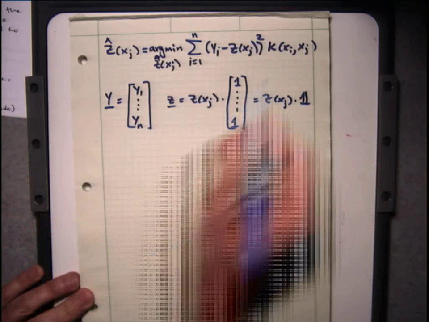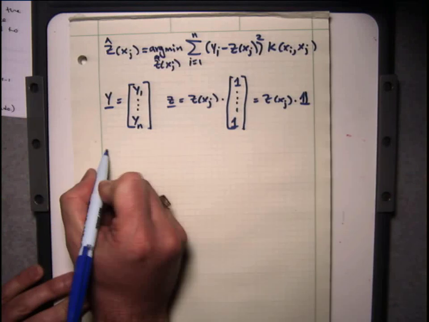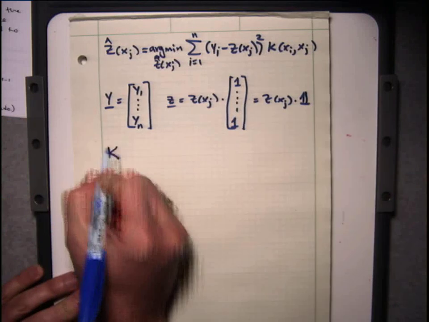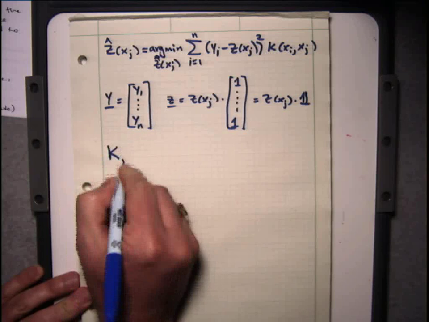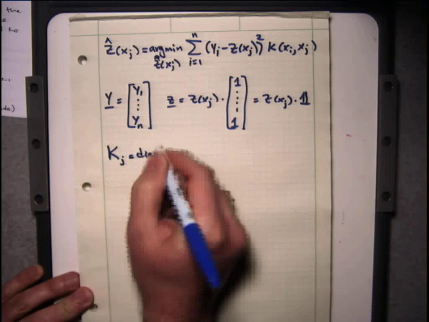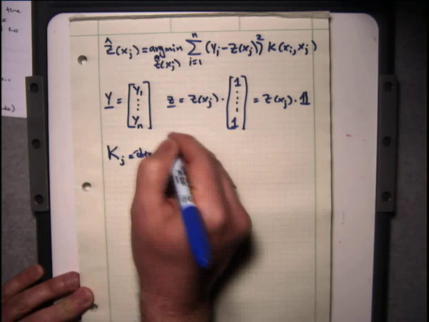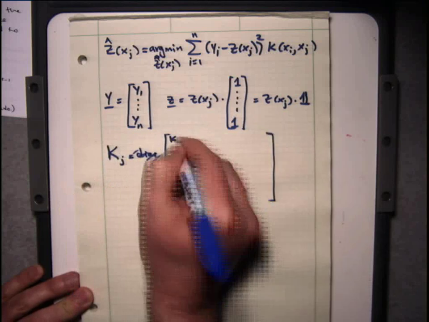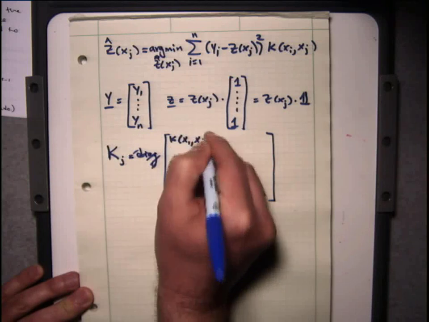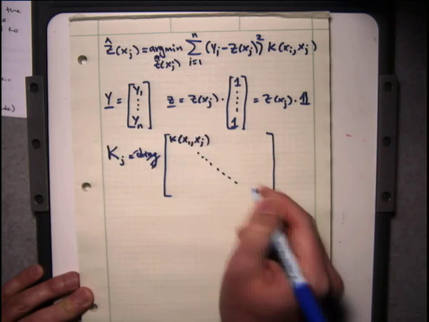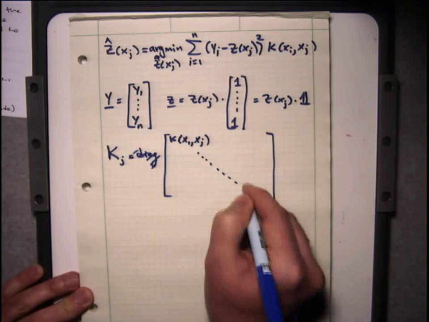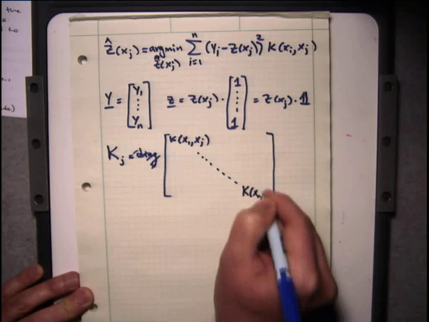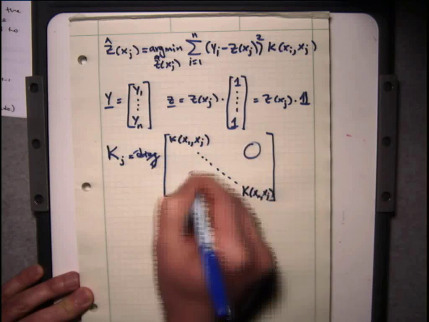And then for the weights, I'm going to define a matrix, capital K sub j, and this is going to be a diagonal matrix. Well, let me just write it out. It's a diagonal matrix with K of x1, xj through K of xn, xj, and 0 elsewhere.